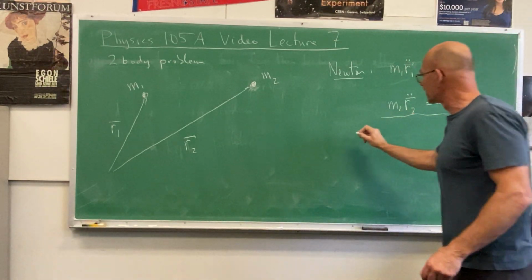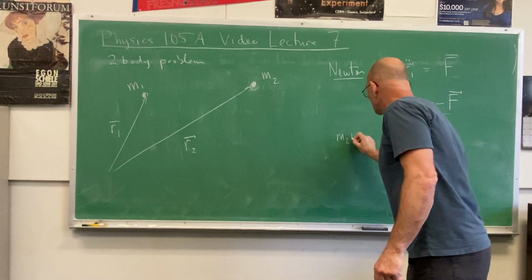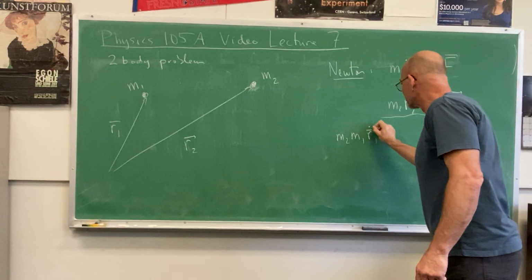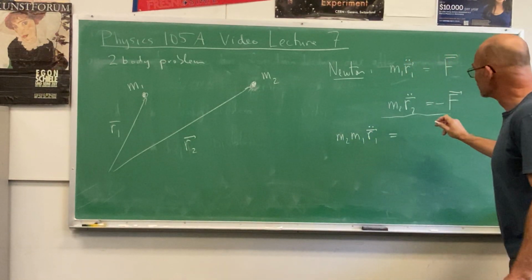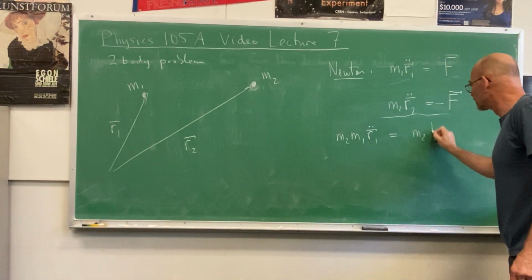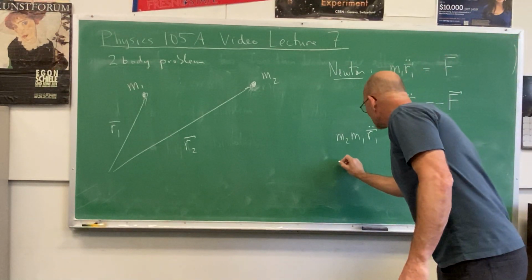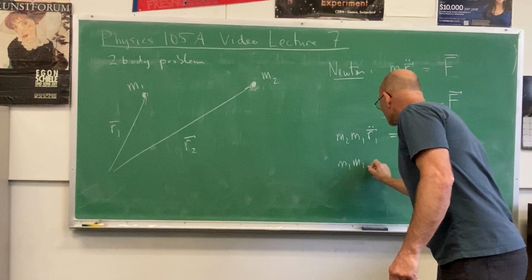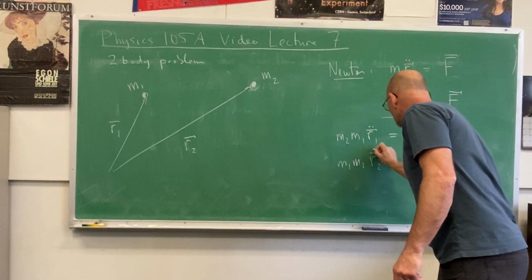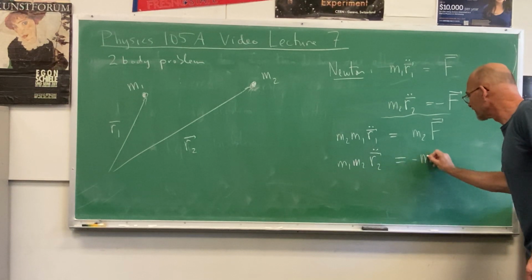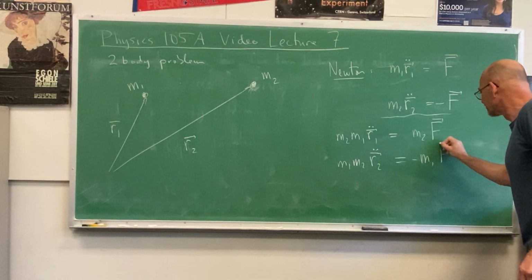Okay, so we're going to have M2 M1 R1 second derivative is equal to M2 F, and we're going to have M1 M2 R2 acceleration is equal to minus M1 F.